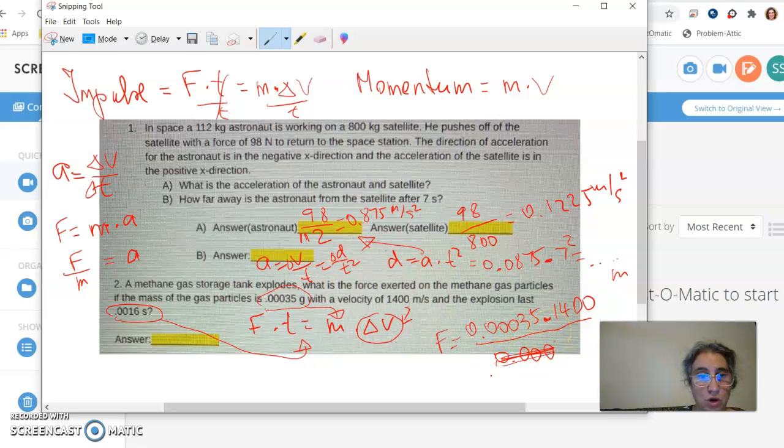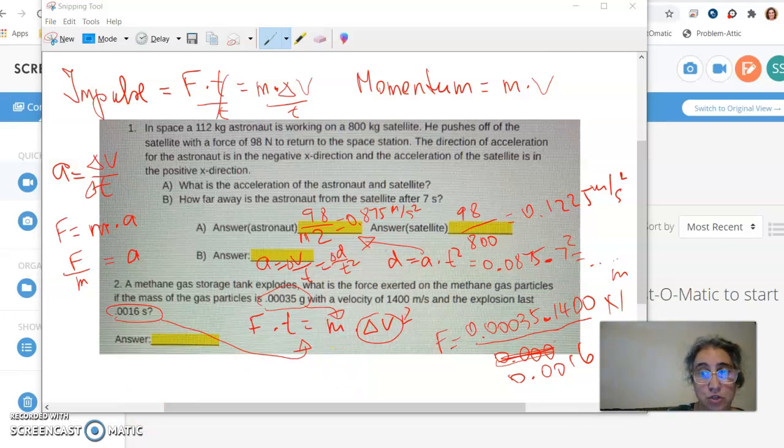The time was 0.0016. And the final answer, after you compute this, I'm going to let you use the calculator to save time. And the final answer will be in newtons for this problem. I hope this helps.